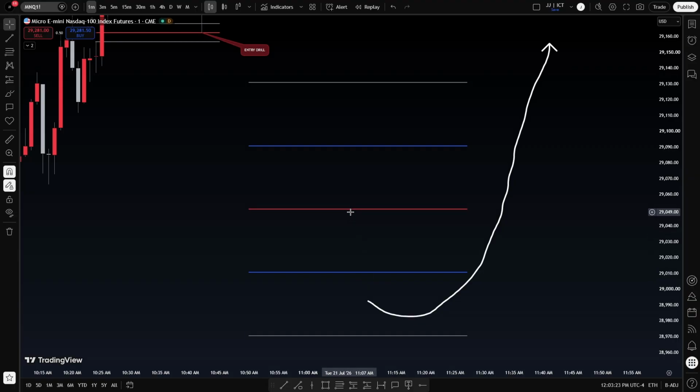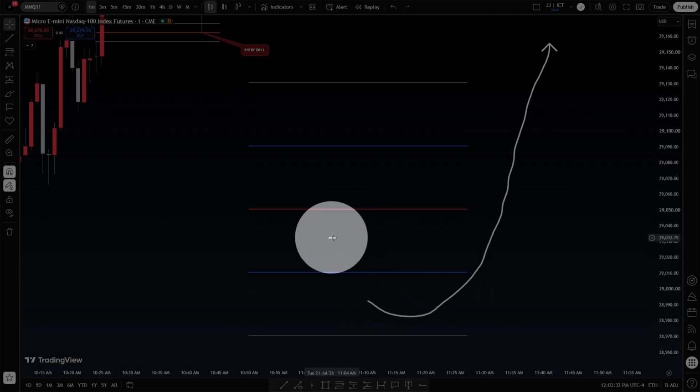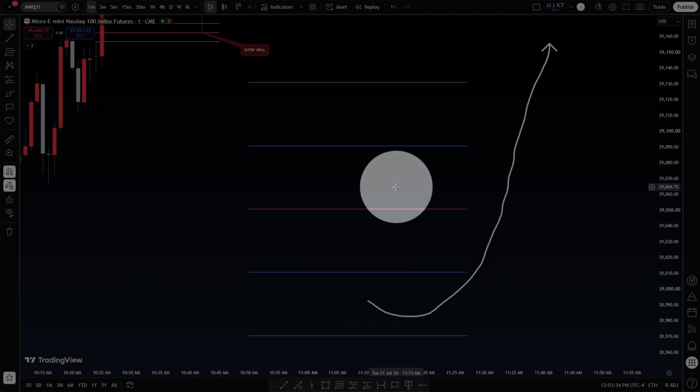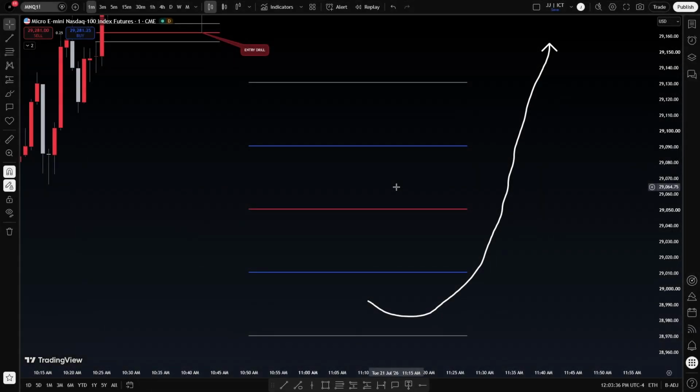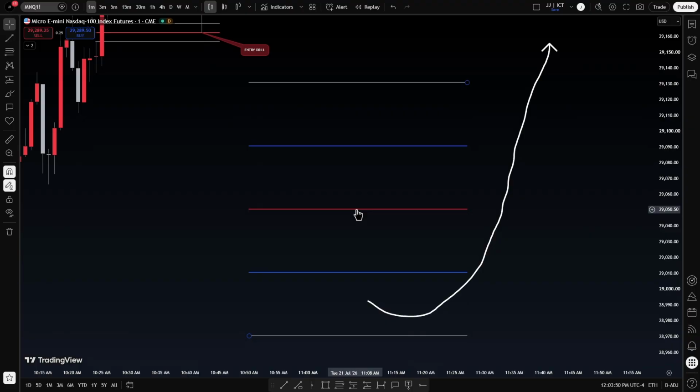Around the equilibrium, if price is truly ready, and has done everything that it needs to do at that first quadrant, it'll normally displace through that equilibrium. Simple as that. And the closest fair value gap that forms around the equilibrium can be used as a measuring gap.